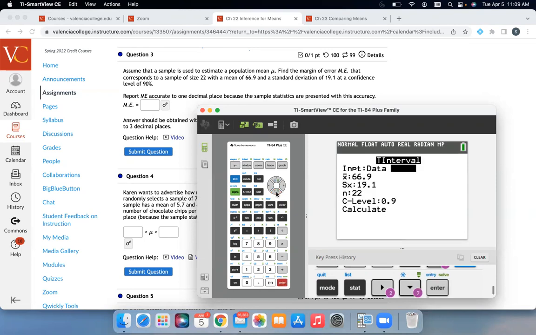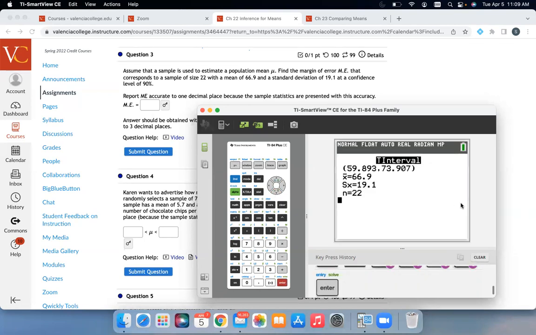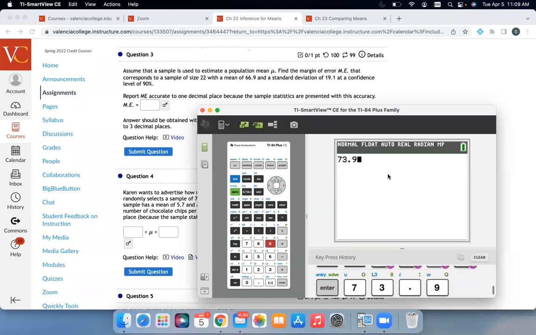What was that, button 8? Okay, so 73.9 minus 58.9. I'm rounding a lot here because I don't feel like writing all this down. Do the subtraction, then divide by 2. So it's 73 and 59. Hit enter, then divide by 2.